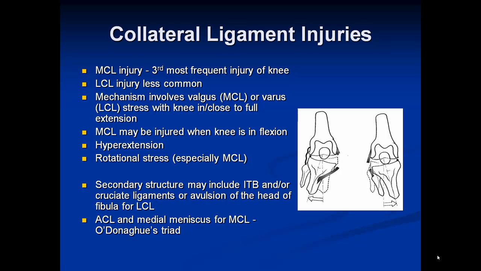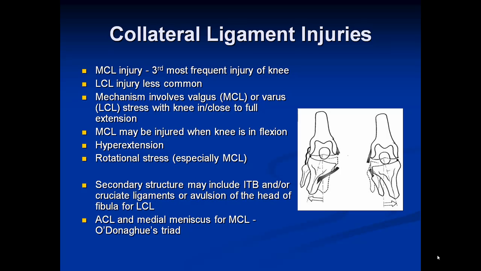The mechanism involved in the MCL is a valgus type injury, or varus for the lateral collateral ligament, most commonly with the knee in or close to full extension. The MCL may be injured when the knee is in flexion as well, but commonly hyperextension and rotational stresses will occur as well.